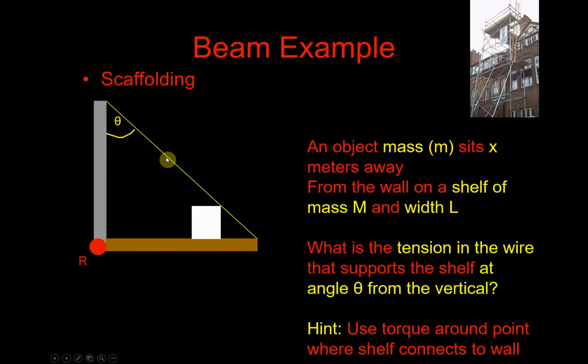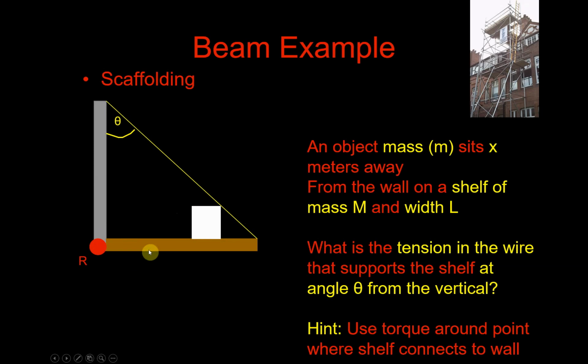We could look at the sine of this angle, and we'll have a 90-degree angle here and determine this angle and figure out the forces here. What we could also do is say, well, what's the torque about this reaction point on the wall? So what we've got here is an object, a mass m, sitting x meters away from the wall.